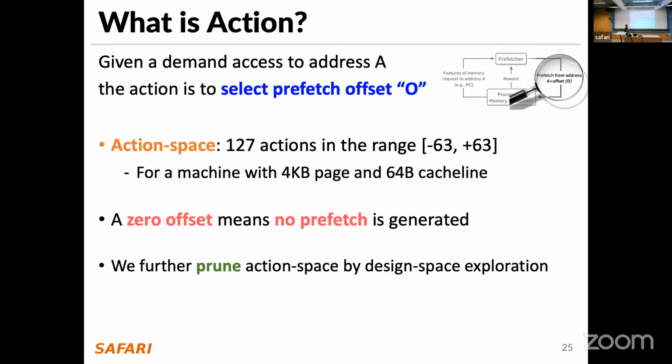Why do we need pruning? Because in the end you have to design it inside the processor. If it saves complexity, both in terms of storage and design complexity, that helps. Every bit helps. So that's why we can also prune.